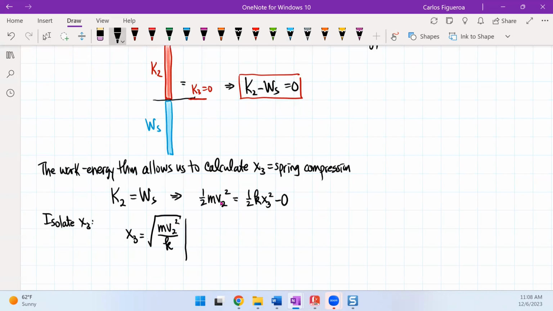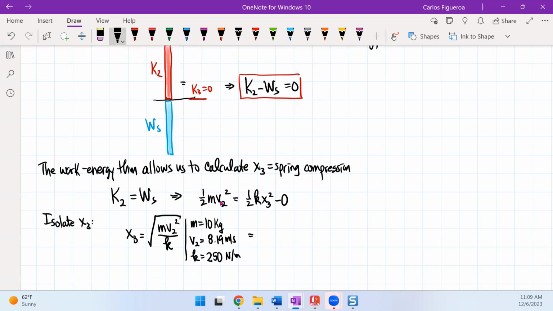So now if I look at my values, I know that the mass is 10 kilograms. V2 is 8.19 meters per second, and then the spring constant is 250 newtons per meter.